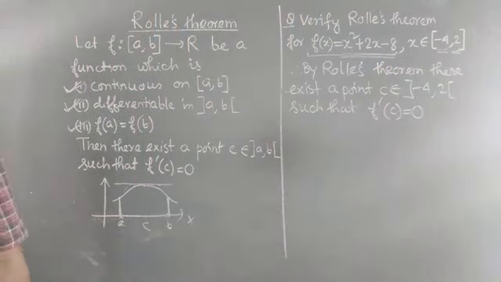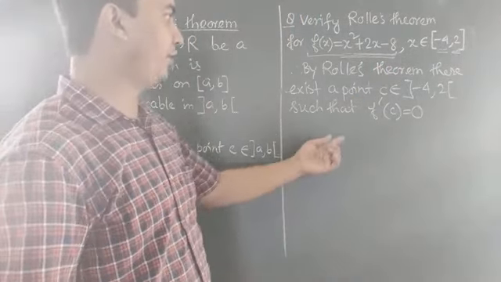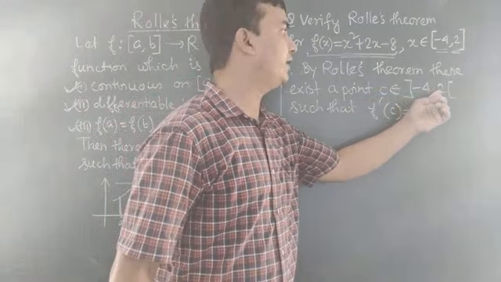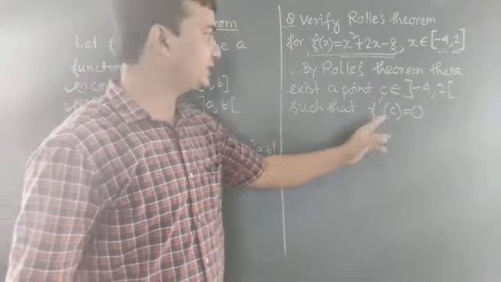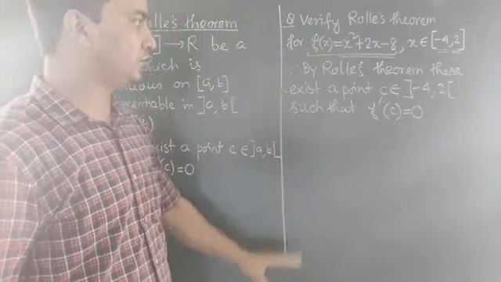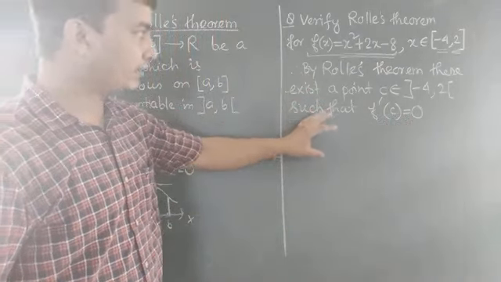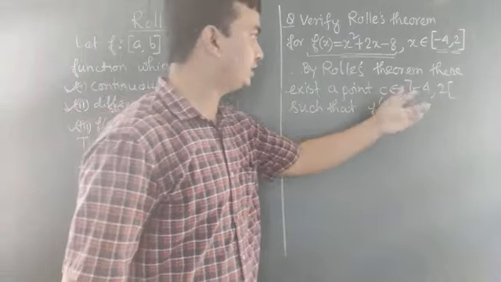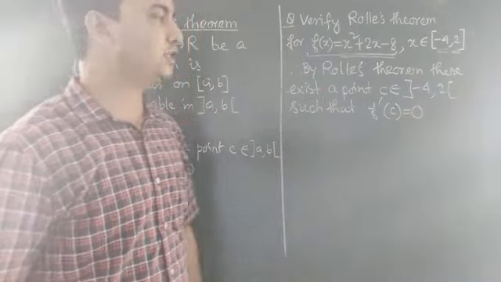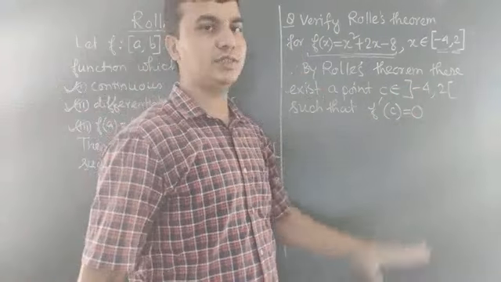To verify Rolle's theorem means we have to find the point c in the open interval (-4, 2) such that f dash of c equals 0. So we have to calculate the value of c. Where will c be? In between -4 and 2, such that f dash of c equals 0.